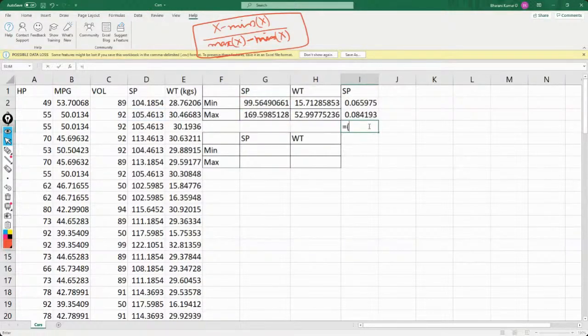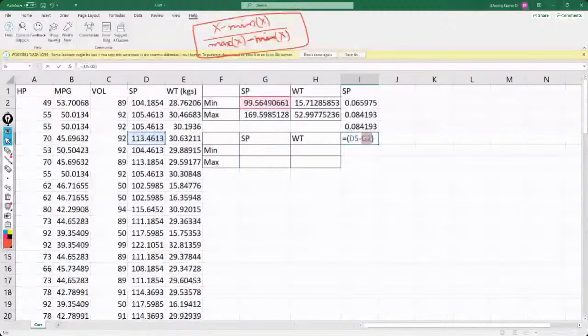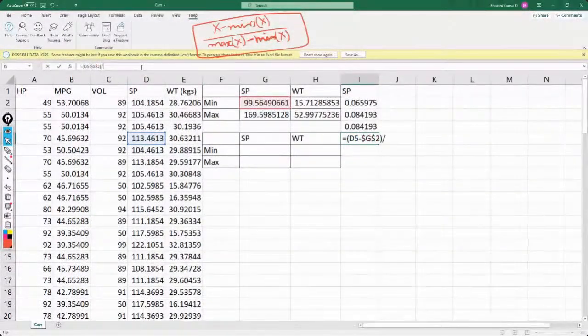Again, I'll do the same thing. X minus minimum value divided by maximum value minus minimum value.